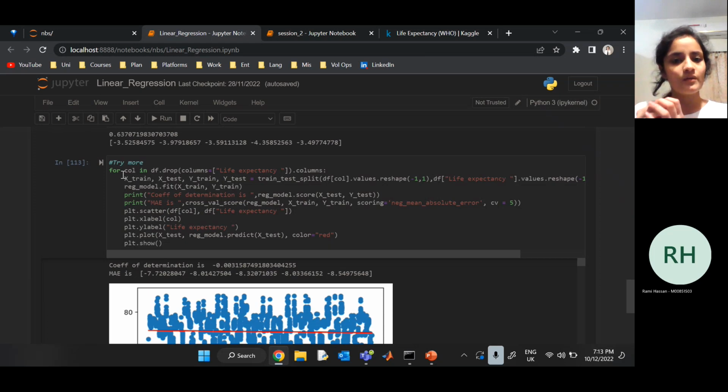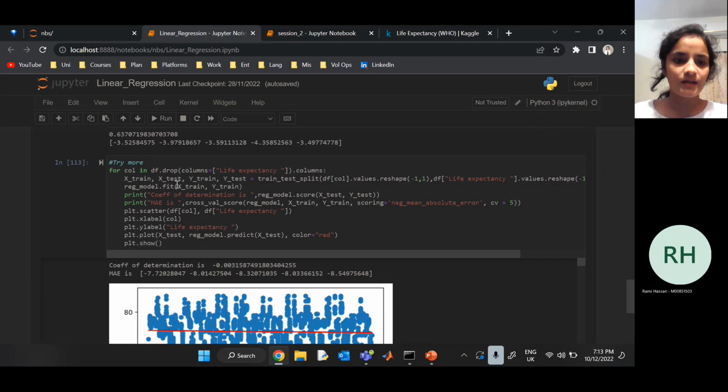For each column, I take one column, and X train has just a part of that column, and X test has 0.3 of that column, right? I used train test split, the same steps that we did earlier.